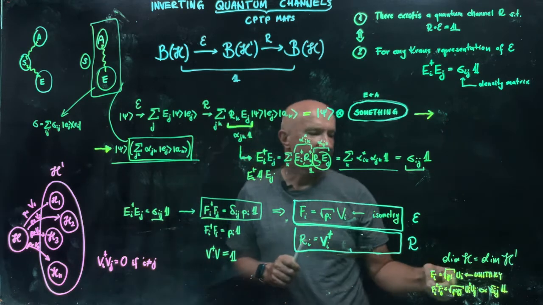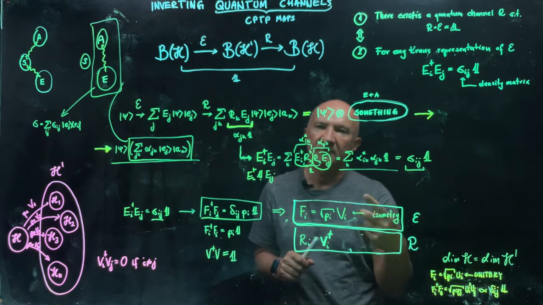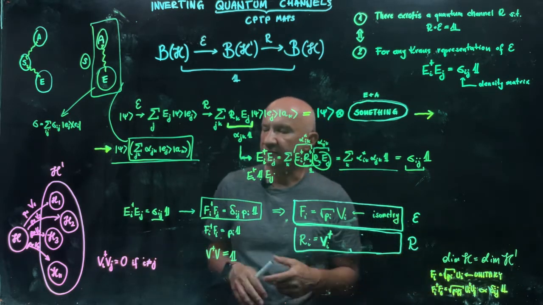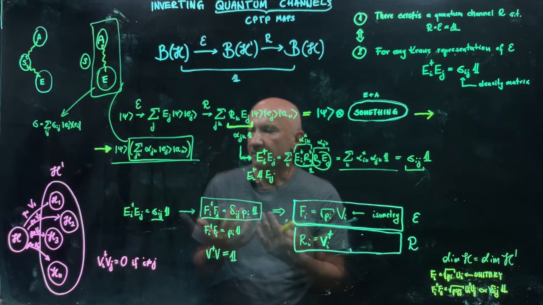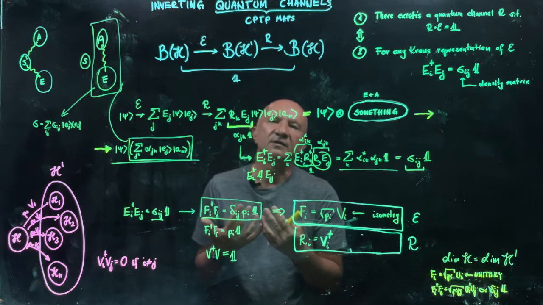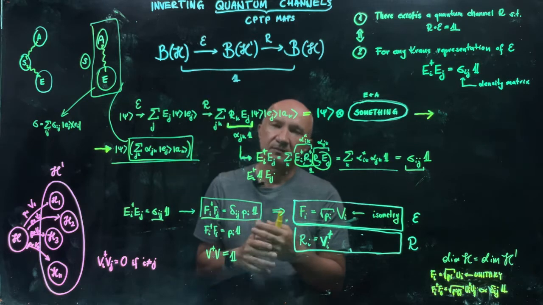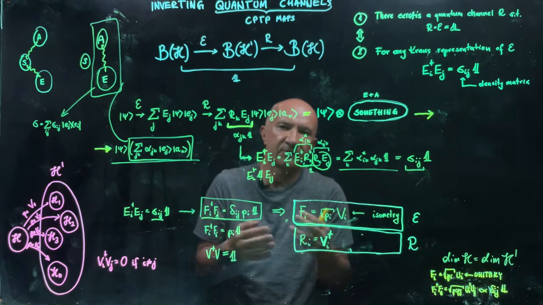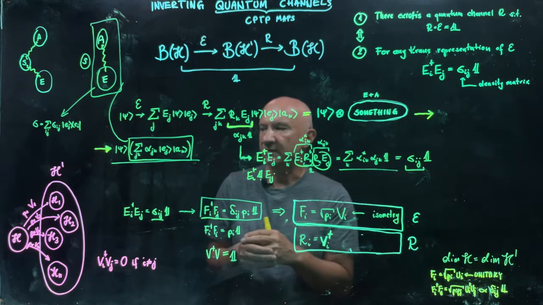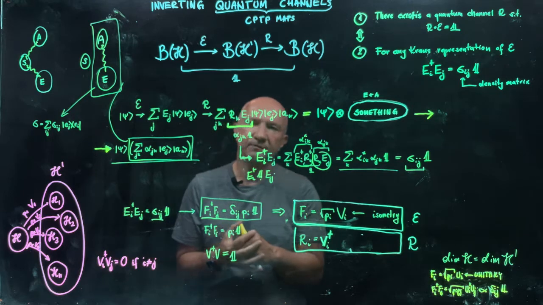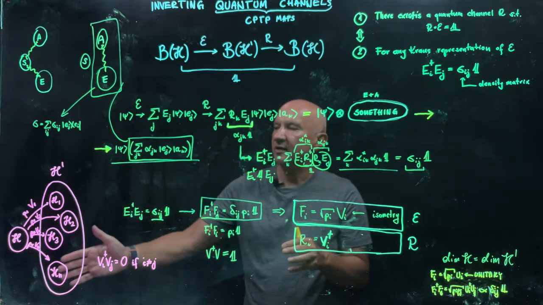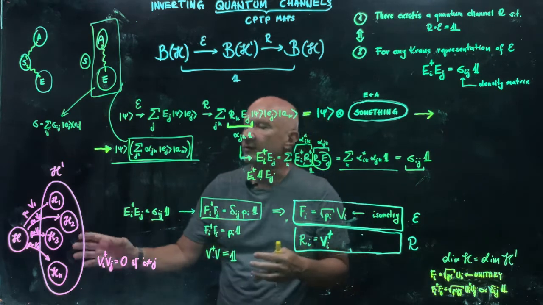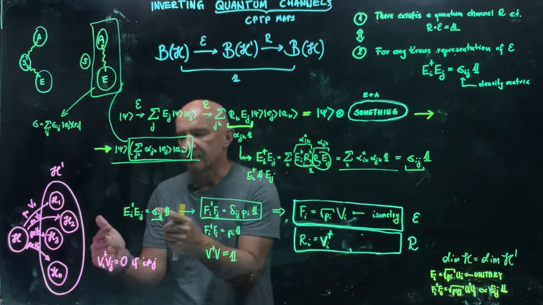In this particular case, the isometry becomes a unitary operator, and you can show that this kind of condition for unitaries means that there is essentially just one unitary operator in this decomposition in the Kraus representation of E. So E is a unitary map, and that's the only possibility when the dimensions are identical. When they are not, when H prime is larger than H, then we can certainly have room for accommodating this condition.